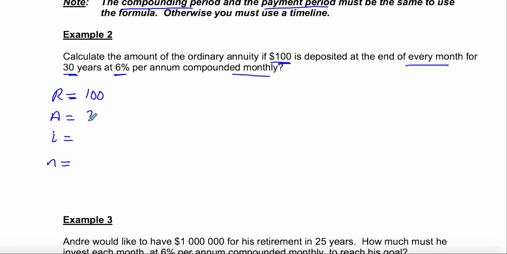The A we don't know, the final amount that you'd end up with in the end. 6%, but the same thing goes here. It is monthly, so I'm going to have to divide by 12, same as before for compound interest and present value. And then I have 30 years, 12 times each year. So I have 360 payments.